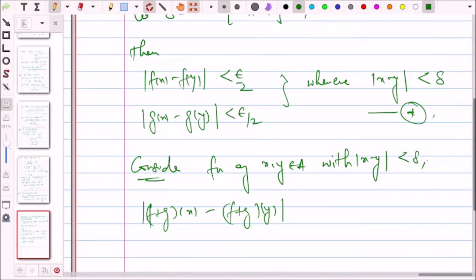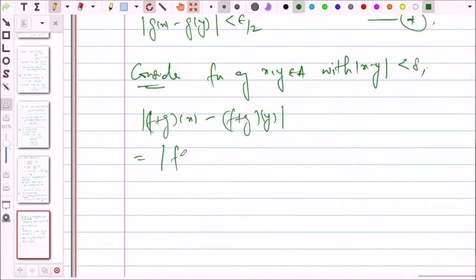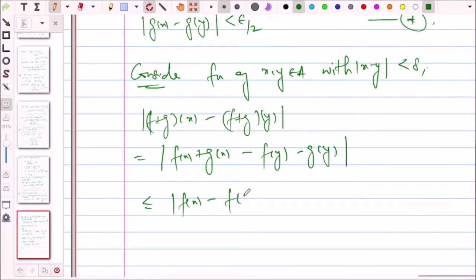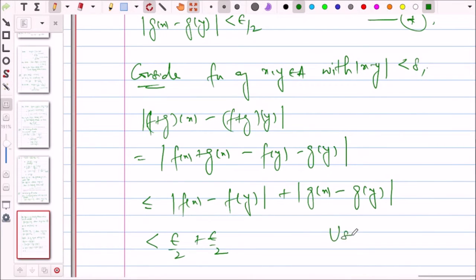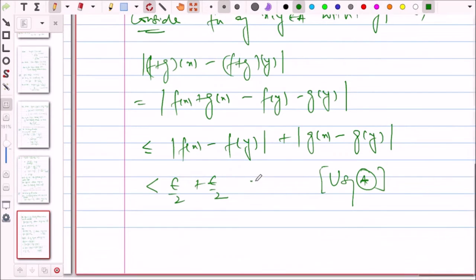This is nothing but f(x) + g(x) - f(y) - g(y). By using the triangle inequality we get |f(x) - f(y)| + |g(x) - g(y)|, and this is less than epsilon by 2 plus epsilon by 2 using star, which is equal to epsilon.